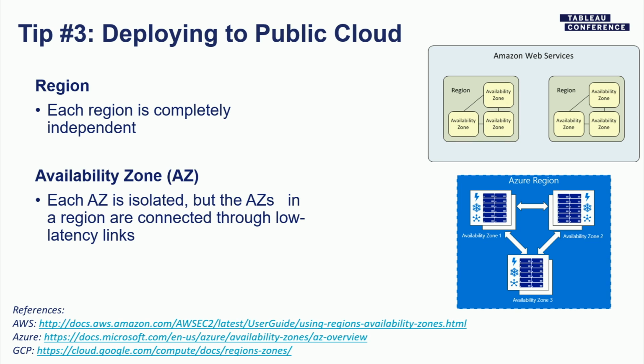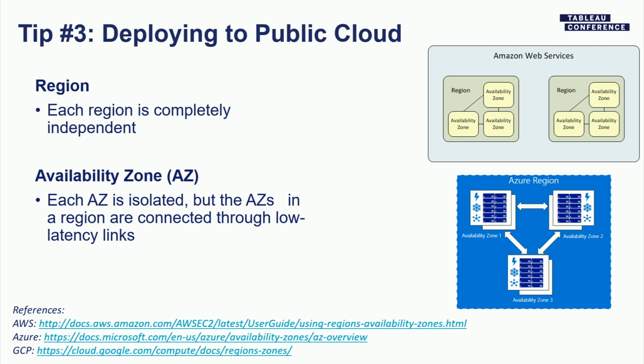Tip number 3, deploying to public clouds. So before we talk about deploying to public clouds, let's talk about some terminology which is commonly used there. So there are concepts of regions, and regions are separate data centers geographically distributed across the country or even across the world. Pretty much all cloud providers use this concept.